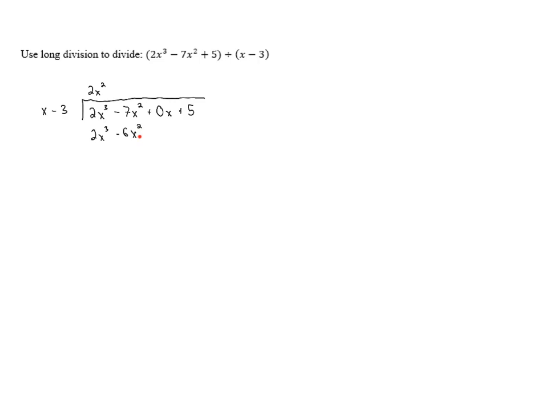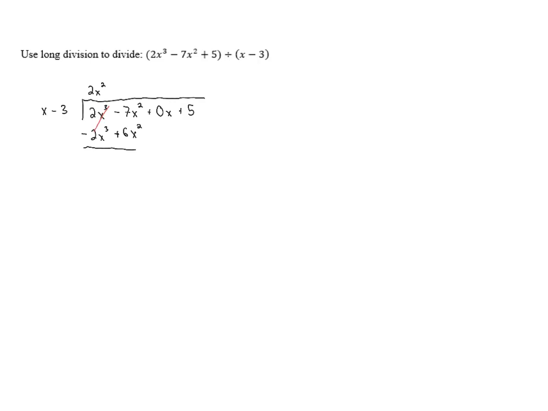But because we need to subtract this polynomial from what's above it, when we're subtracting a whole polynomial, we need to distribute that subtraction, and effectively this changes the signs of the terms. So the first one will become negative, and the second one will become positive. Then we can combine like terms.